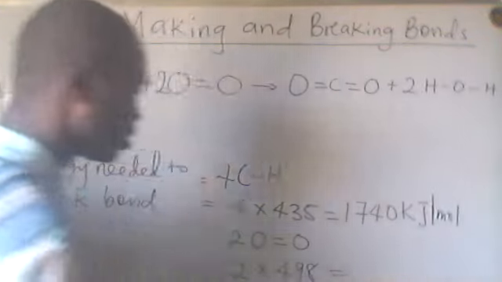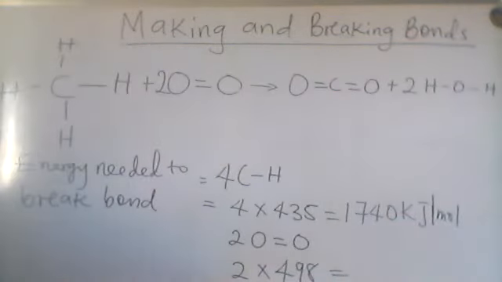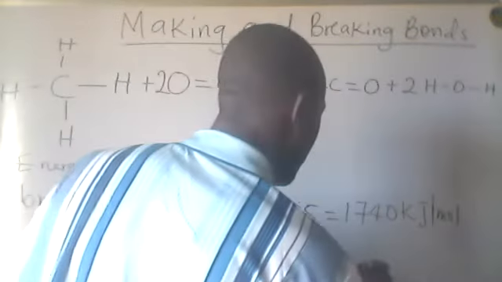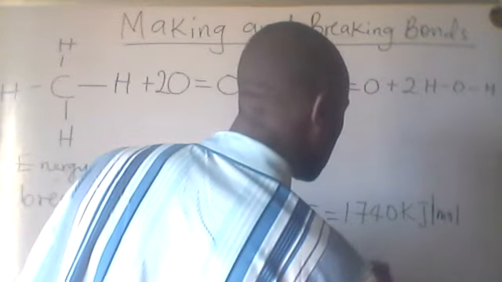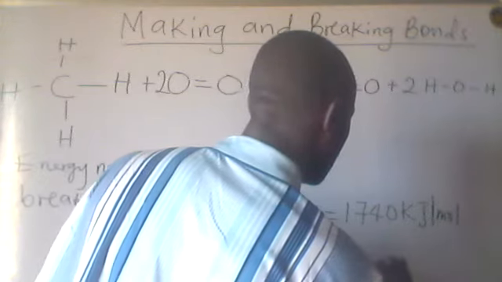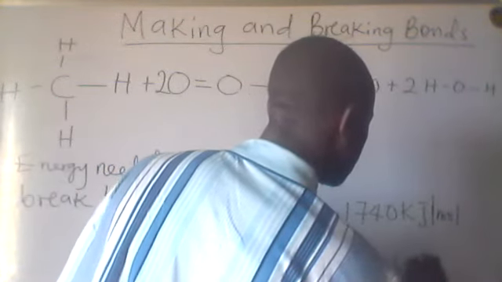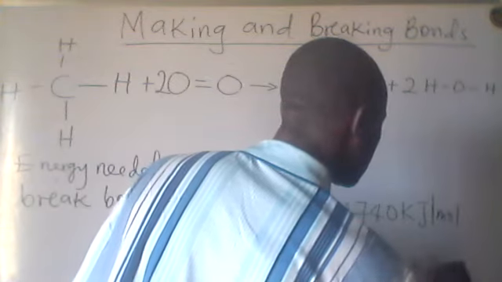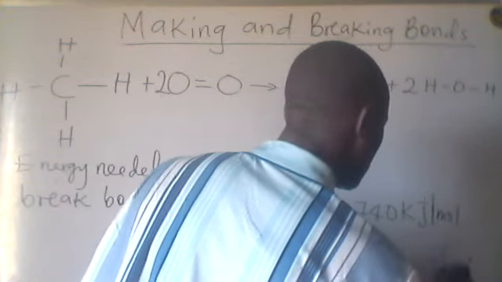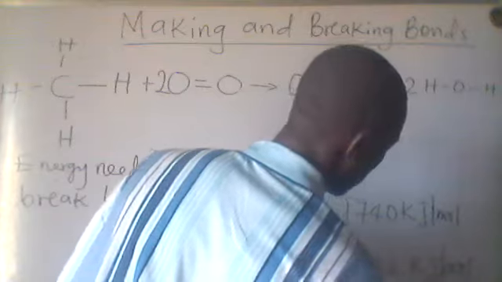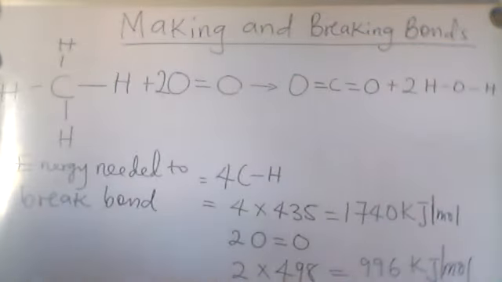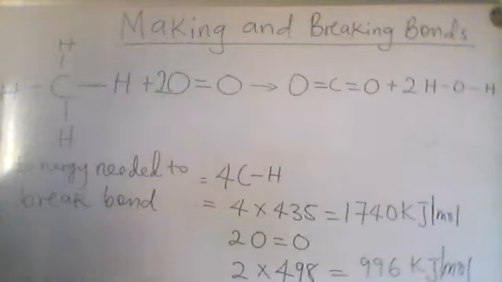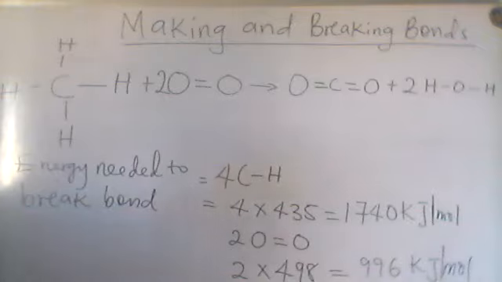If you press your calculator, you are going to have 996 kilojoule per mole. So we are going to sum the two together for us to get our total energy needed.